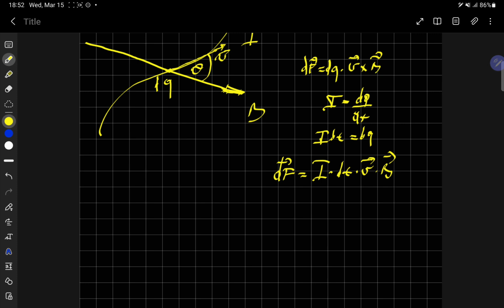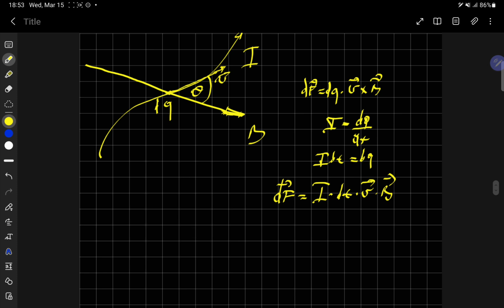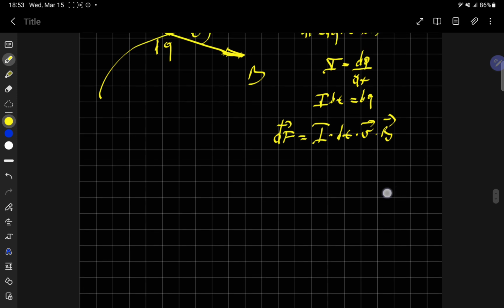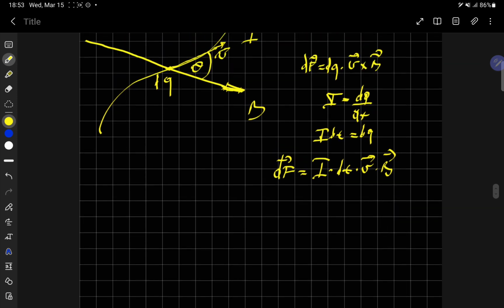This magnetic field doesn't have to be constant, it can vary with position.